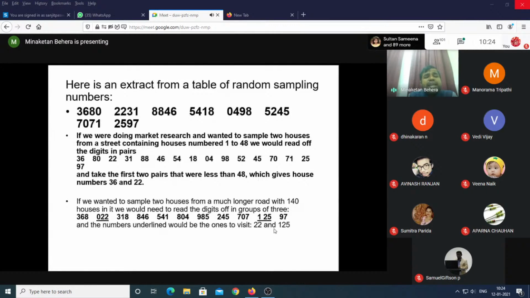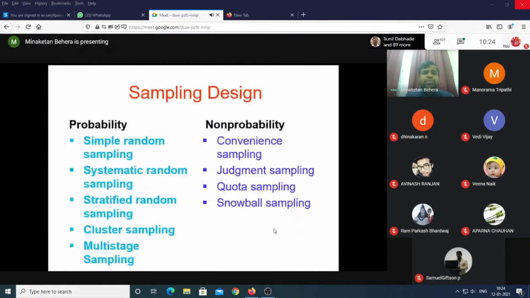The second number, 80, is more than 48, so you would not select it. If this is 22, that is another number, so you will select that number. Generally this is the use; it is no longer used now, but at least you should understand the principle behind it. I am not going into detail on this.